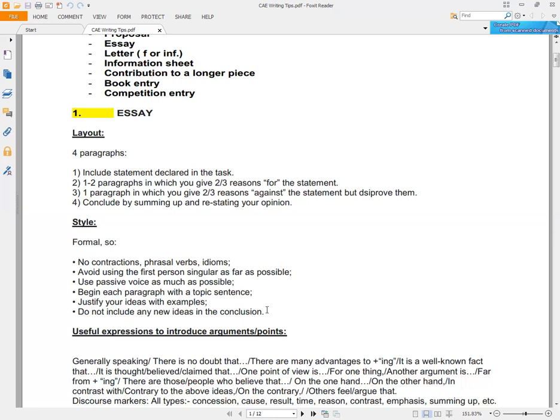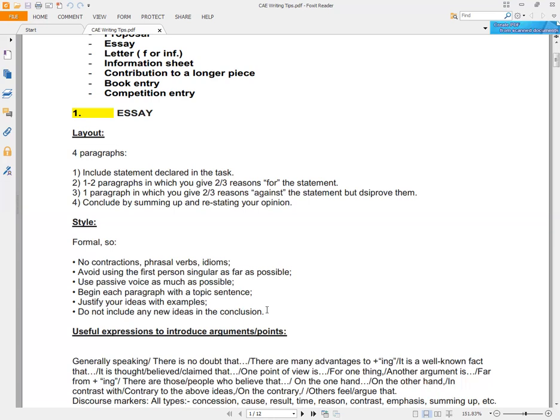The first person, to talk about yourself, to say I, to talk about your opinion, or to write a lot about your opinion. So you must always say it in the passive way, talk about people's opinion and try to avoid using the pronoun I or the first person.